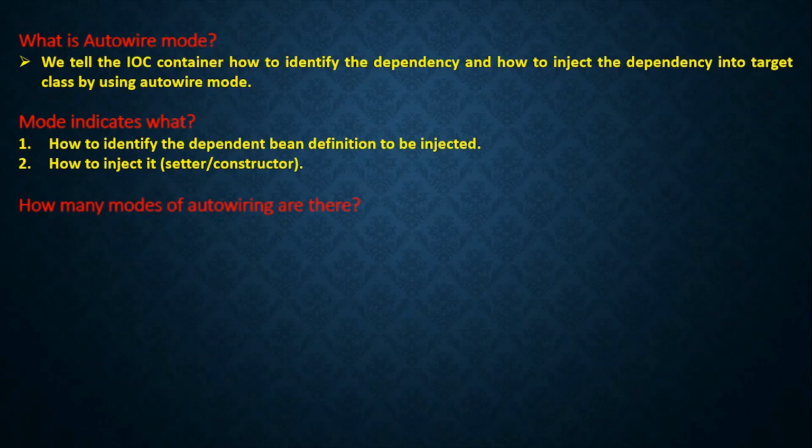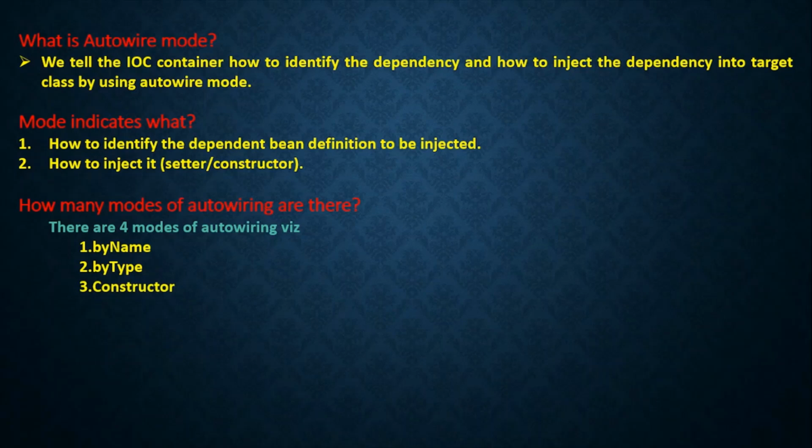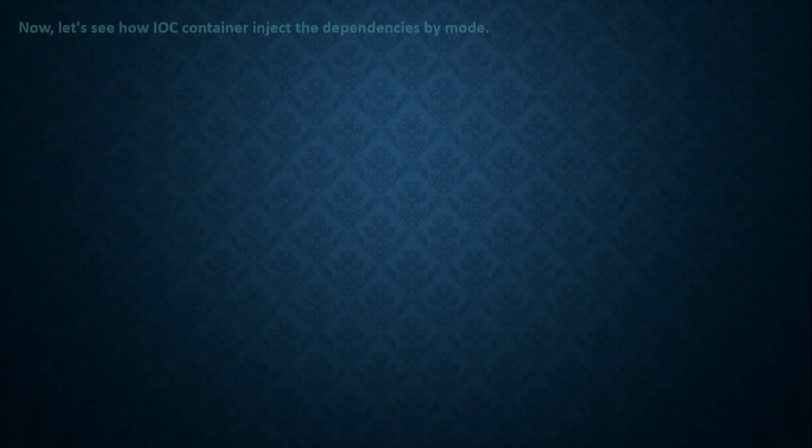So finally we reach the modes. How many modes are there? There are basically four: the first is byName, second byType, third constructor, and fourth autodetect, which is deprecated. So we are going to see byName, byType, and constructor. So let's see.